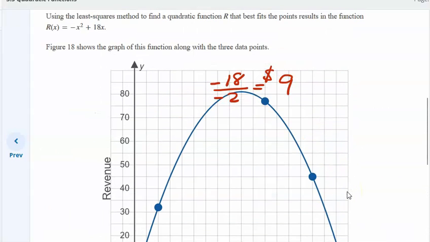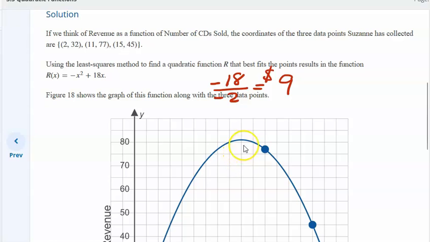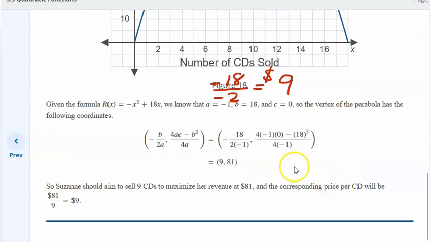Okay. Now, if you made the graph, you can almost go there. There is 9, and then it's just a little higher than 80, 81. Also, if you put $9 into this formula here, that would be the other shortcut way. You wouldn't need this somewhat cumbersome formula here.